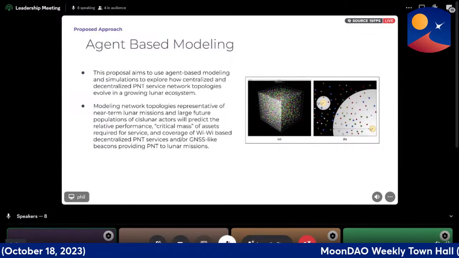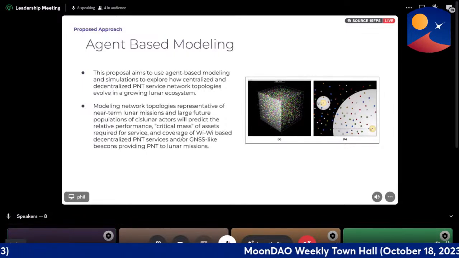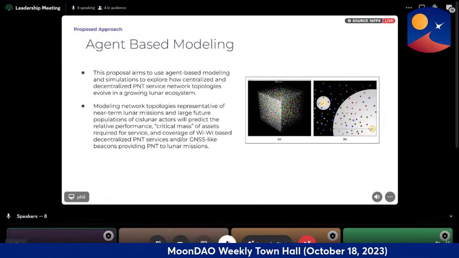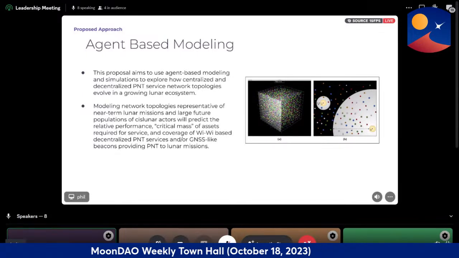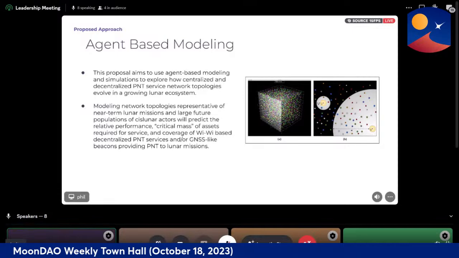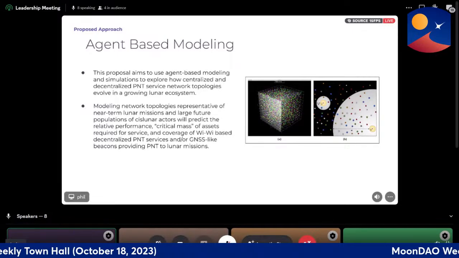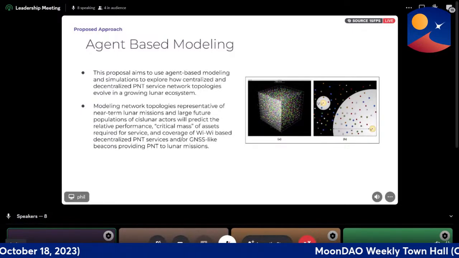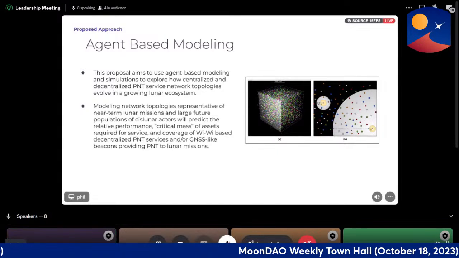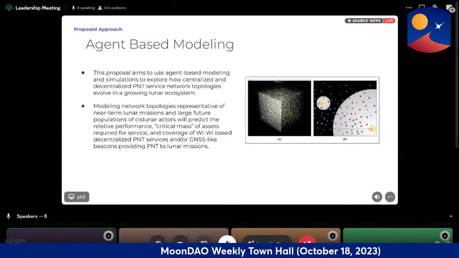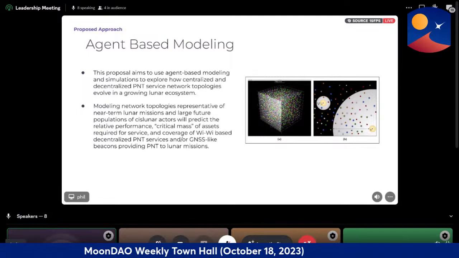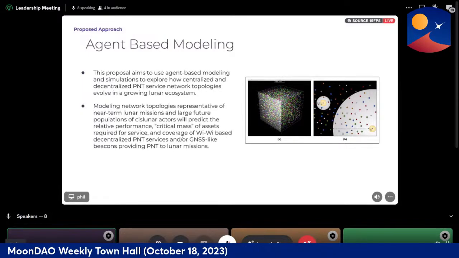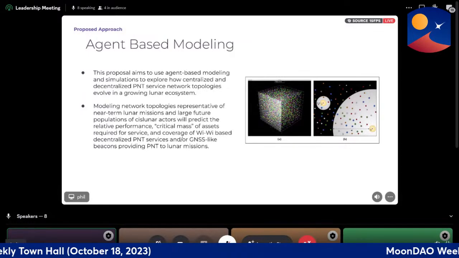And we would do that using an agent-based model where each little dot has its own clock, its own trajectory, and its own communications frequencies and communications range. You put a couple of those around the moon and see how things go. You put tens, hundreds, thousands, tens of thousands in all these different orbits.